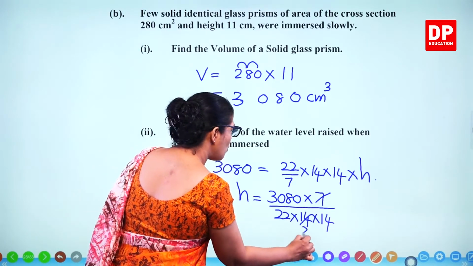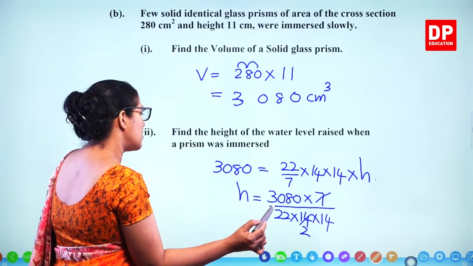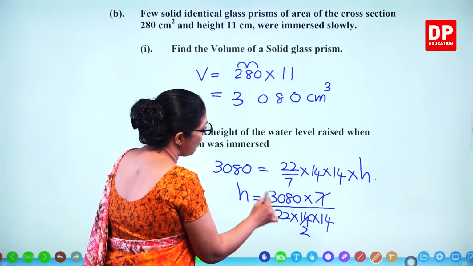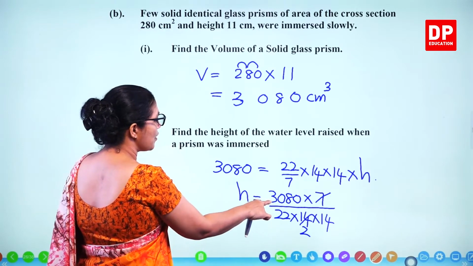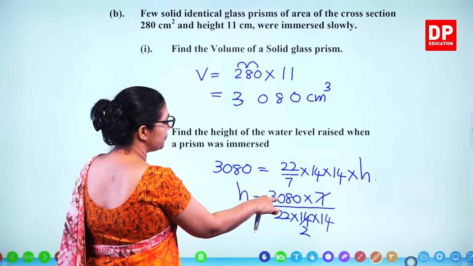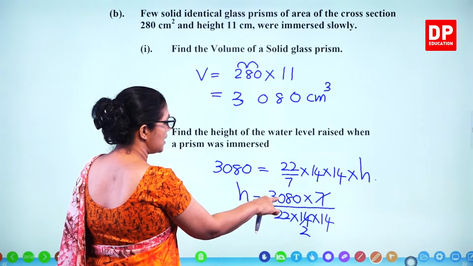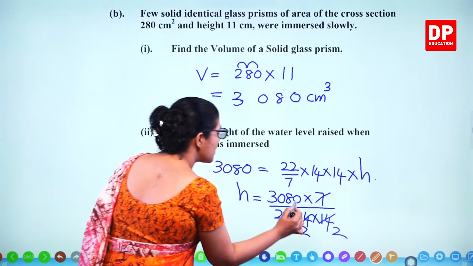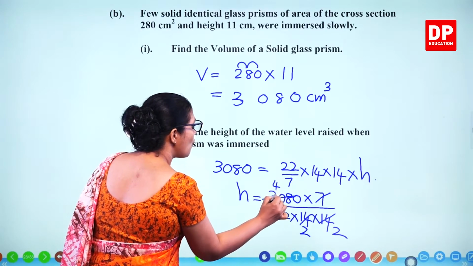7 times 2, then you get, can we divide by 7? So see, 7 times 4, 28. So can divide by 7. 7 times 2, 7 times 4, 28.